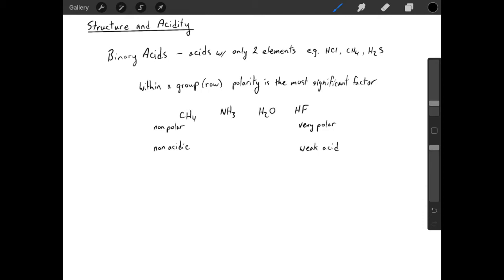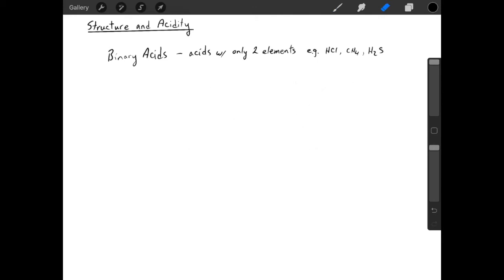Obviously, this trend is a little bit complex because we know that ammonia is also a base, and we know that water can kind of go either way. So this trend is not particularly clean, at least with the second row elements. And we can also look at trends within a period, that is a column going up and down the periodic table.